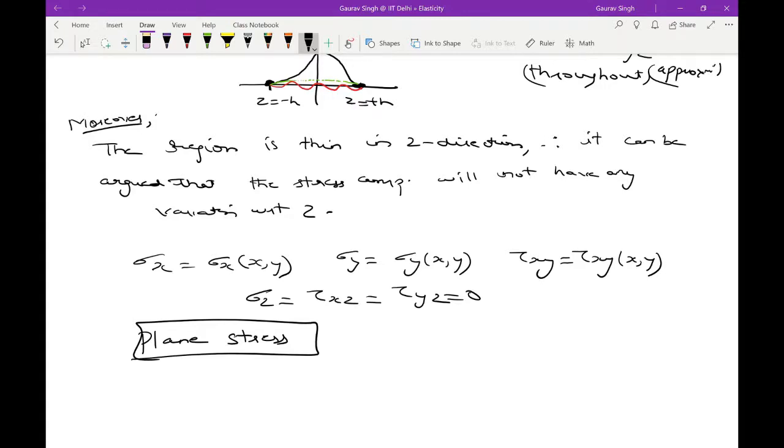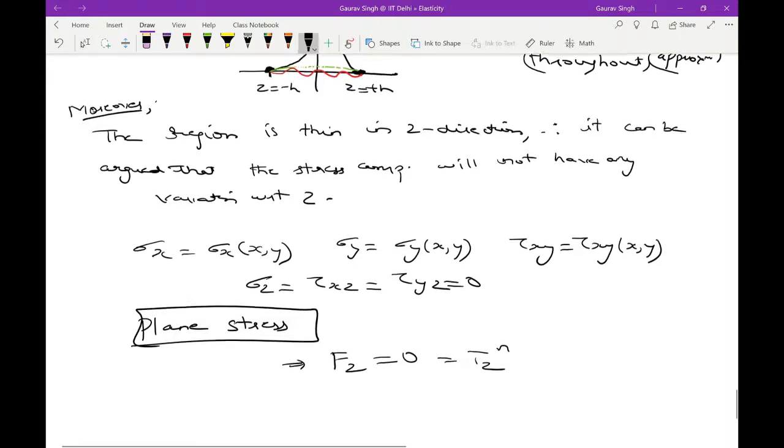So that automatically implies that you cannot have an fz, because if there is, then due to the equilibrium equations, you will start having a stress field dependent on z. So you cannot have a body force or a surface traction in the z direction. Sorry, it is equal to 0.